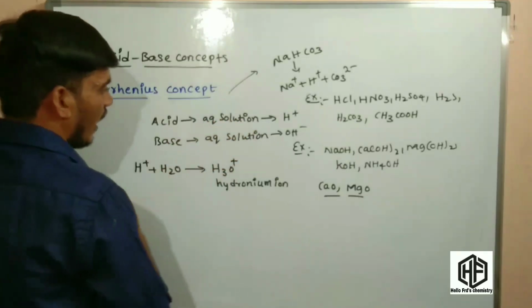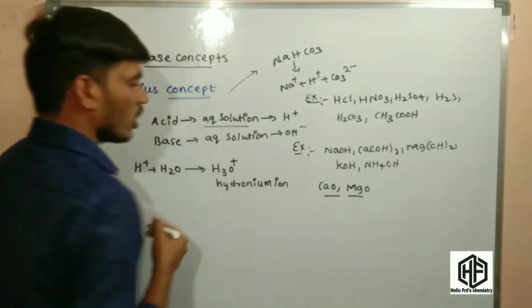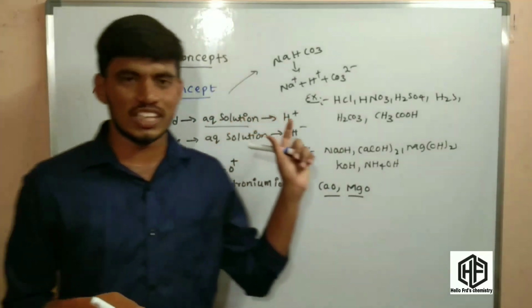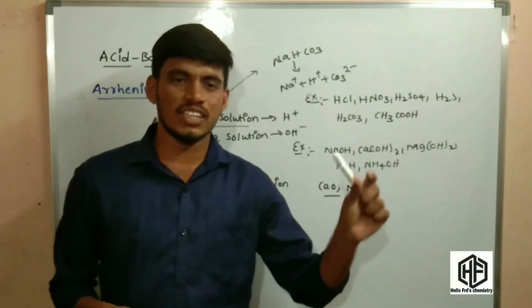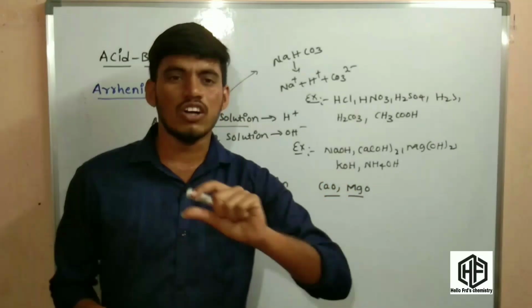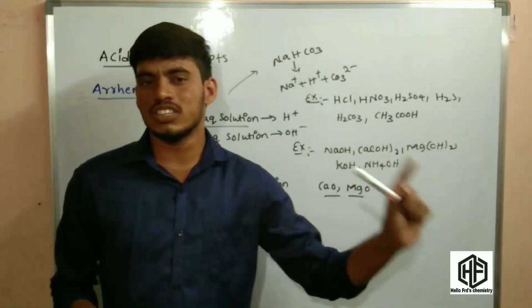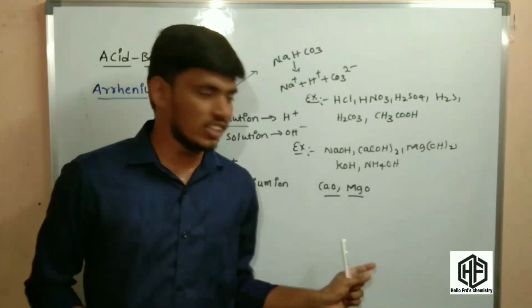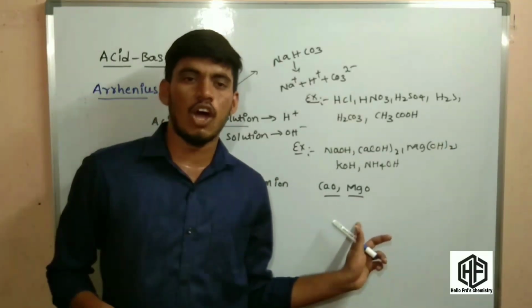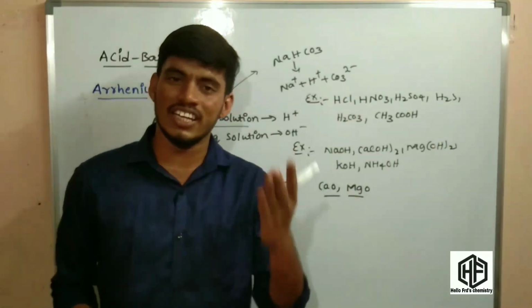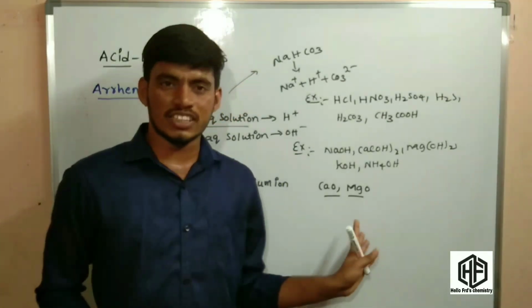So the first limitation is that it only applies to aqueous solution, where H plus ions and OH minus ions are present, and it cannot discuss other solutions. Another is that it cannot explain CaO and MgO, which are metal oxides that are strong bases.